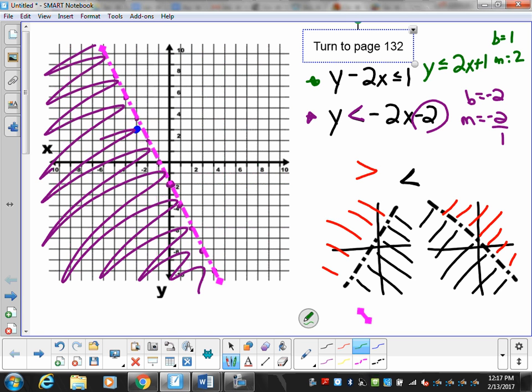Okay, so if I graph now the one that's in slope-intercept form, my b is 1, and my slope is up 2 over 1. This time it'll be a solid line instead of a dashed line.